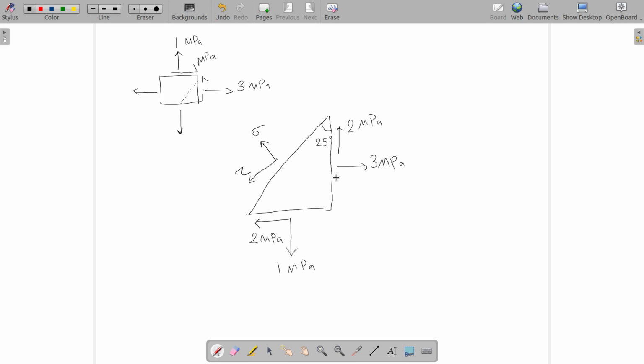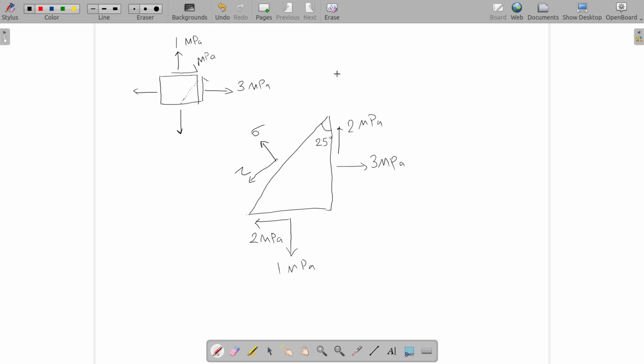So this doesn't look difficult, right? Because what we need to find out is sigma and tau here, and this is a 2D system. So we can find out the equilibrium equations for x direction and y direction. And if we do that, we have two equations and two unknowns, which means we'll get the value of sigma and tau.